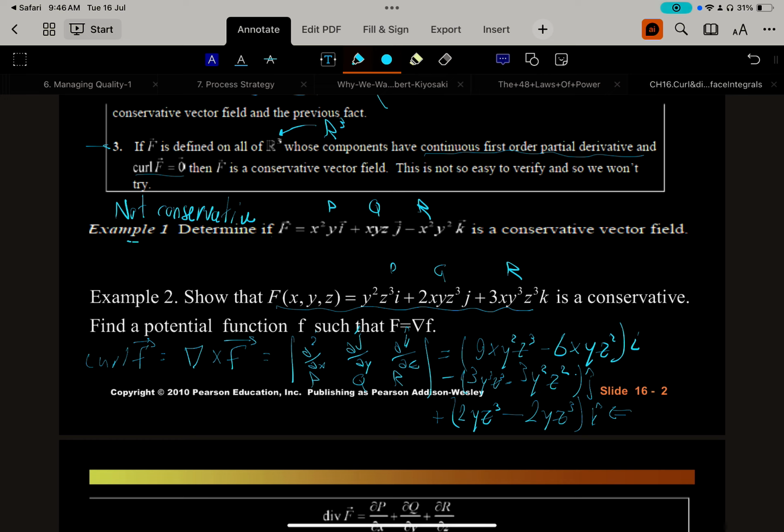Okay, and for the y we have just ry, pqr ry, 9x y cubed y squared z to the 3 minus qz.